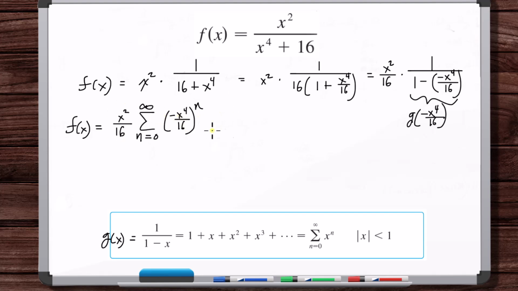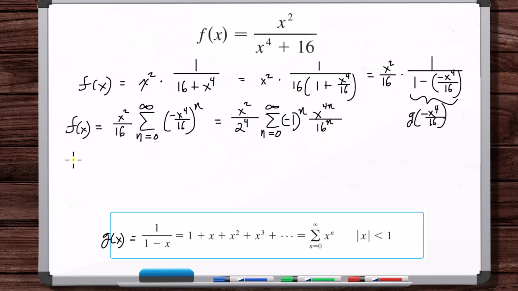Okay, so let's do x squared over 2 to the 4th. Let's take our time with this. So we've got minus 1 to the n, and then x to the 4n over 16 to the n.